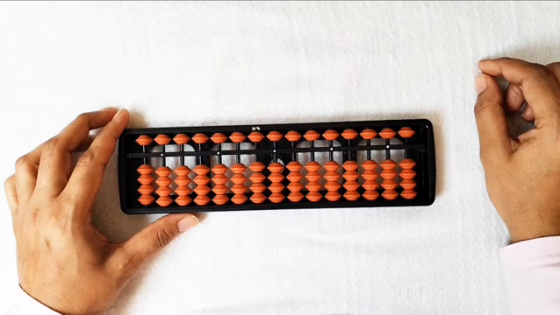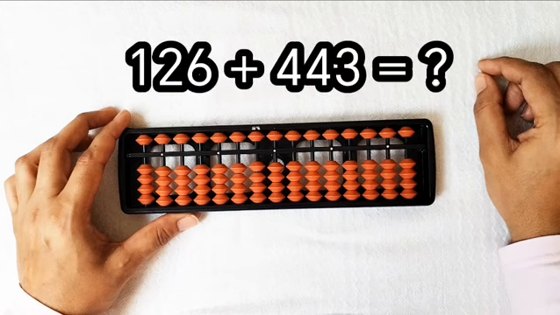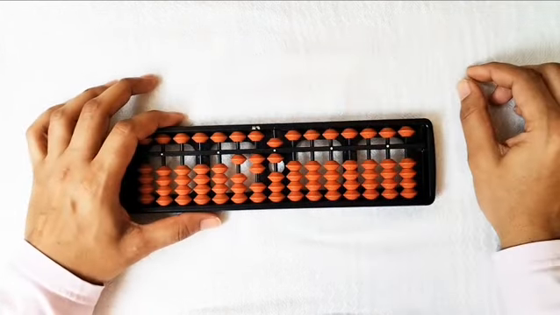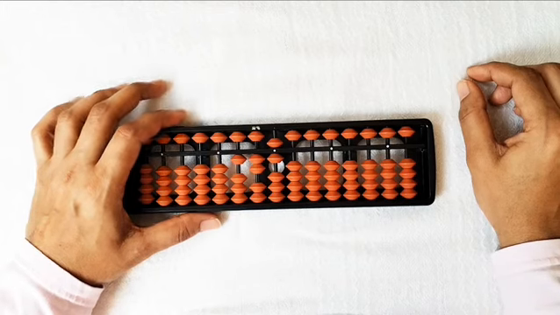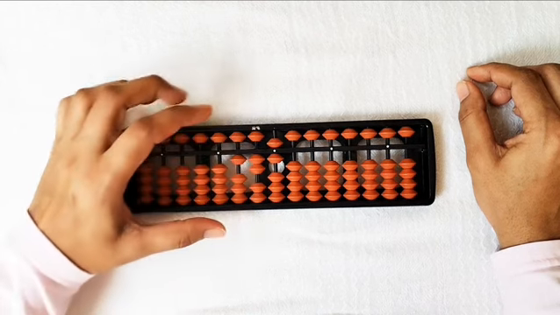Next one. 126 plus 443. 126 plus 400. How do I do 400 here?